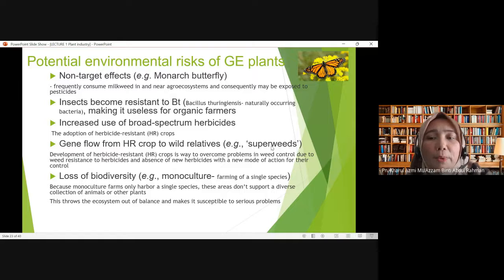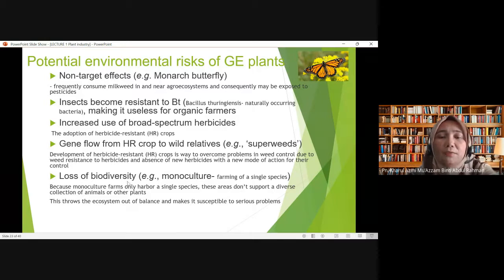So dia akan jadi super weed. So this is the explanation here. Weed resistant to herbicide and absence of new herbicide with a new mode of action. Bila dia dah resistant kepada herbicide yang sedia ada, kita kena cari herbicide baru pula untuk menggantikan herbicide yang lama ni. So this is due to the overuse of herbicides.